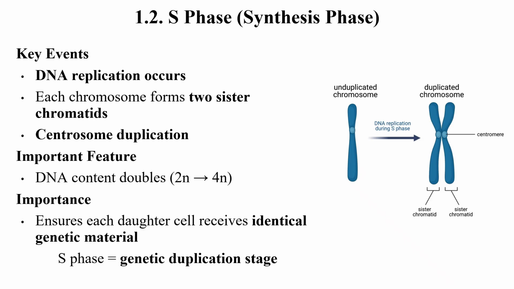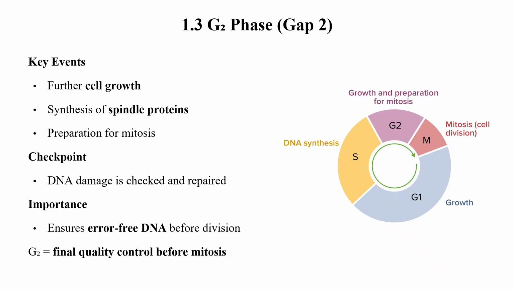DNA content doubles, so from 2N it becomes 4N. The importance of this phase is that it ensures each daughter cell receives identical genetic material from the parent cell. That's why it is known as the synthesis phase. Here the genetic material gets synthesized, the duplication state.